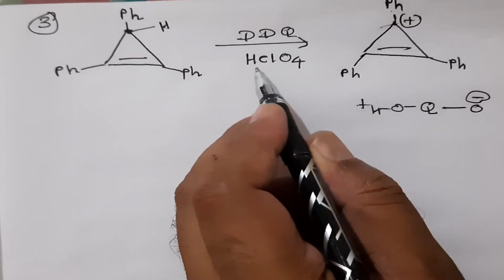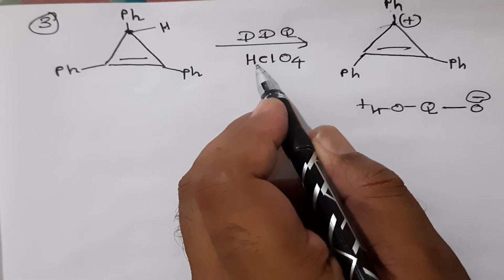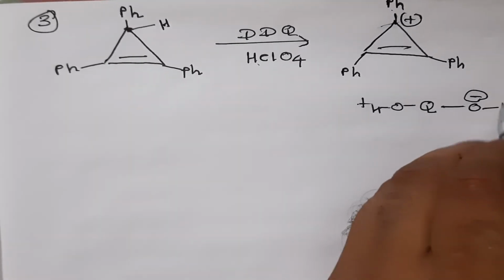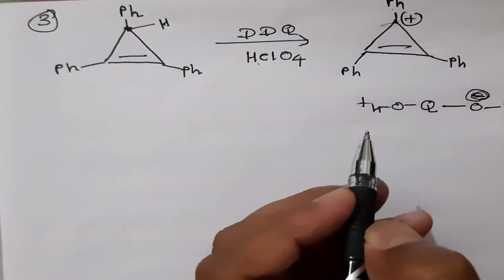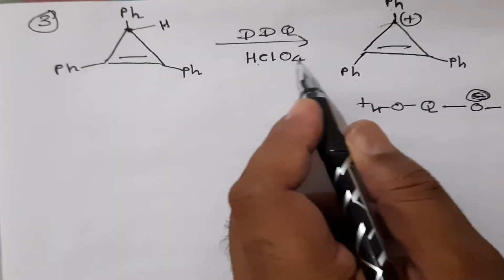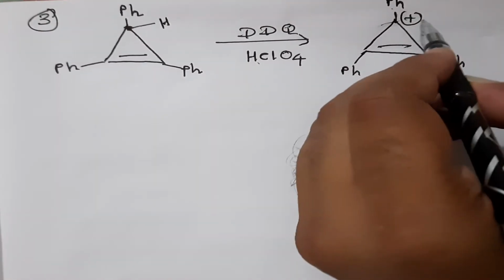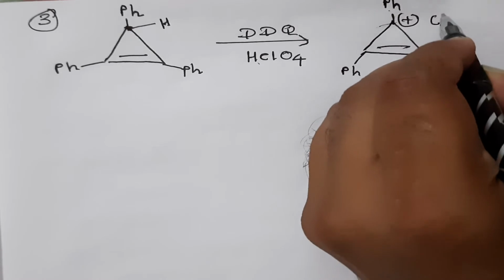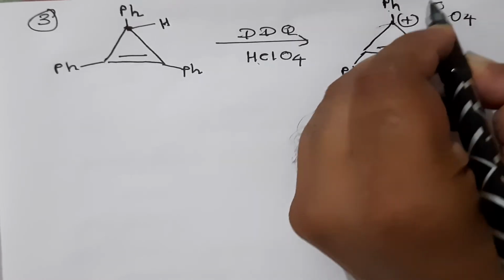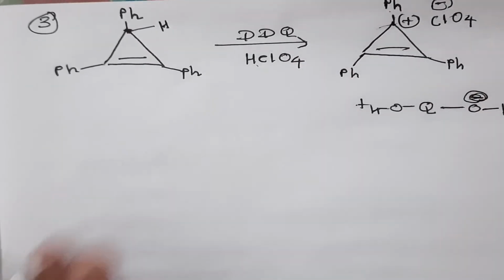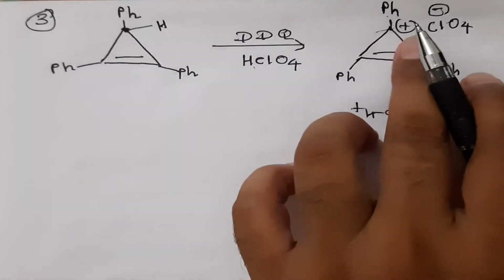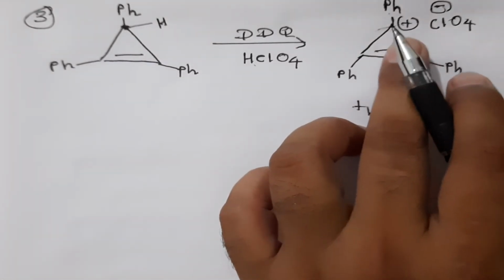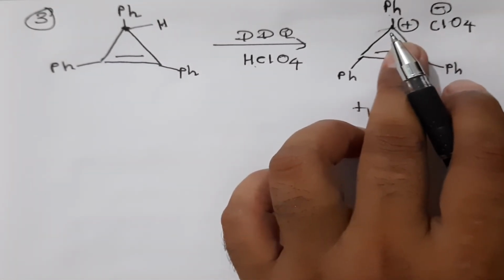After that, the acid H plus reacts here and it is converted into DDQH, and this ClO4 minus is stabilized with this type of positive charge. So ClO4 minus we can write here. This is the aromatic compound having a positive charge, so this type of compound is called a quasi aromatic compound.